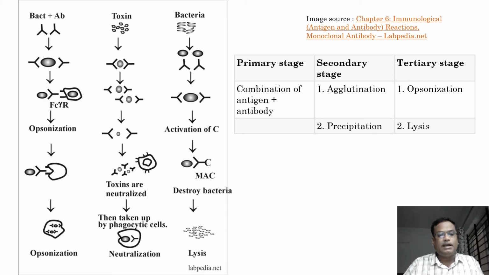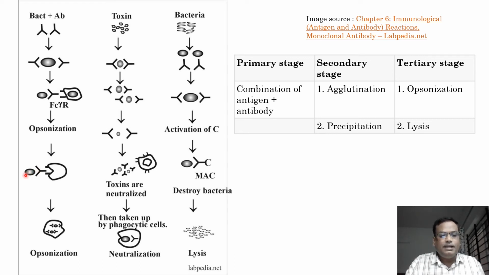That is done with the help of complement fixation, and now these cells are going to identify the bacteria since it is coated with antibody. Since it is coated with antibody, it will be recognized as a pathogen or as an infected cell. Then these cells, the immunologically active cells, are going to engulf it, phagocytosize this.